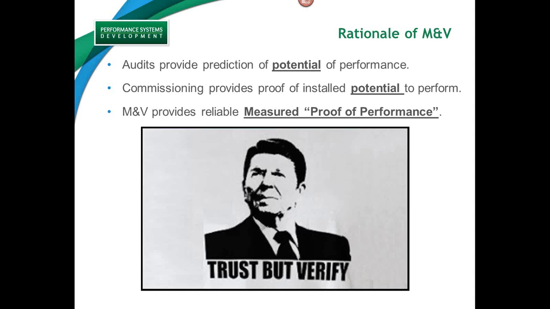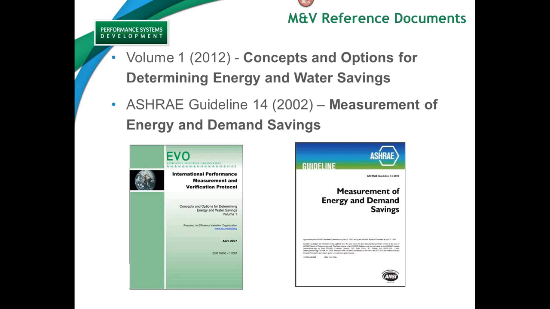Yes, we trust that ECMs are being installed correctly and being commissioned, but the M&V function, measurement and verification activities, are the verification that the ongoing performance of an energy efficiency investment is occurring. So that's the real rationale behind choosing to invest in M&V.